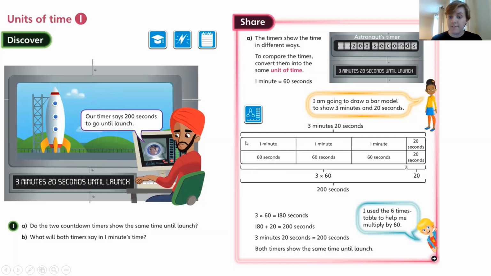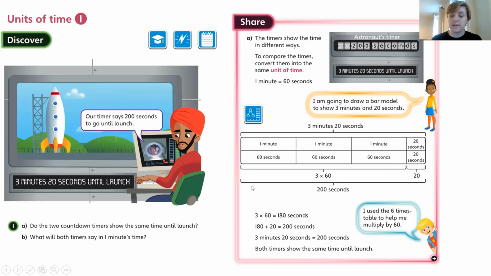Now, if we convert those all to seconds, what we find we have is 60 seconds, 60 seconds, and 60 seconds, as well as that last 20 seconds. Now, 3 lots of 60, let's work that out. 60, 120, 180, and those 20 seconds.